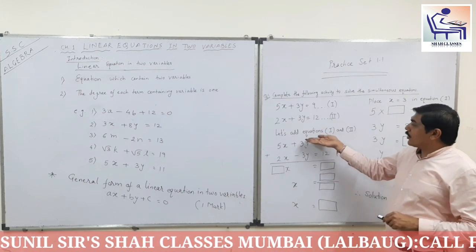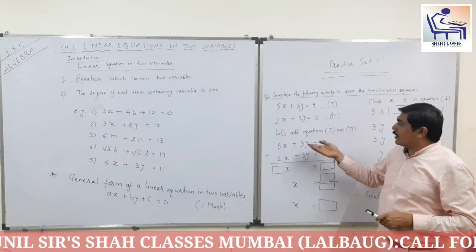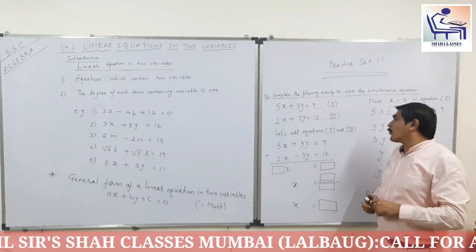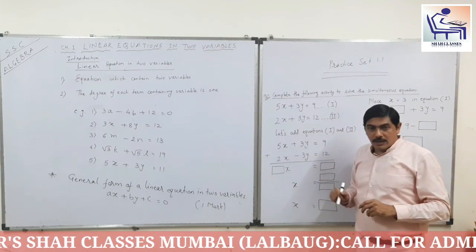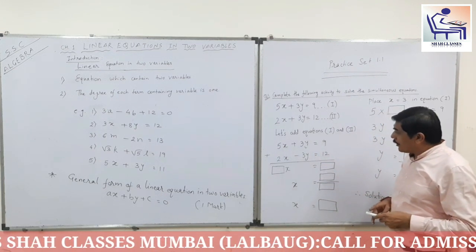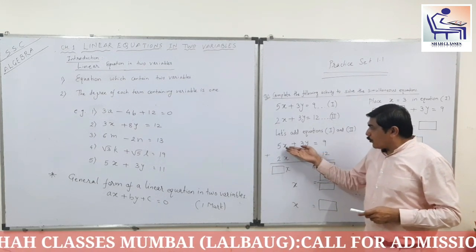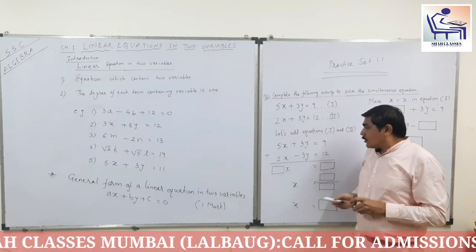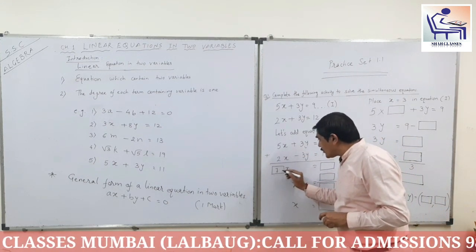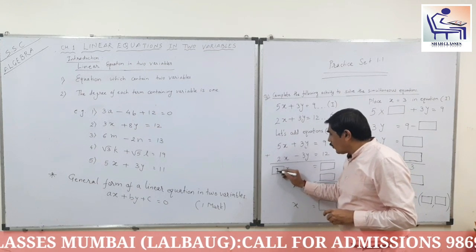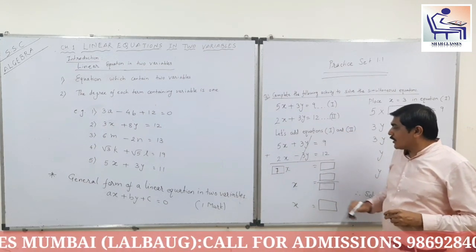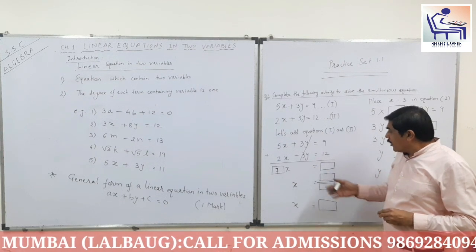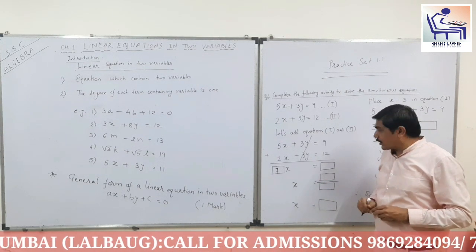Now, as per your activity question, let's add equations 1 and 2. अभी हम दोनों equations को add करेंगे. So 5x plus 2x is 7x, and plus 3y minus 3y gets cancelled, so no need to write anything.